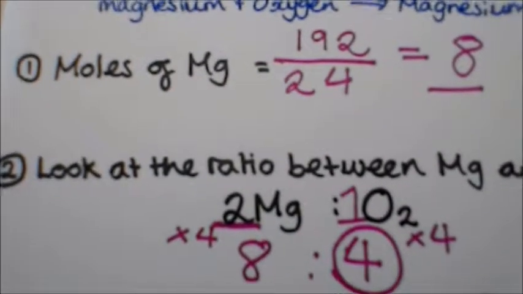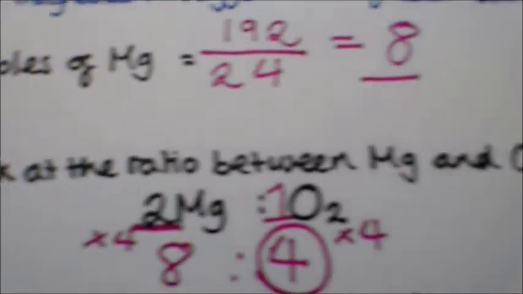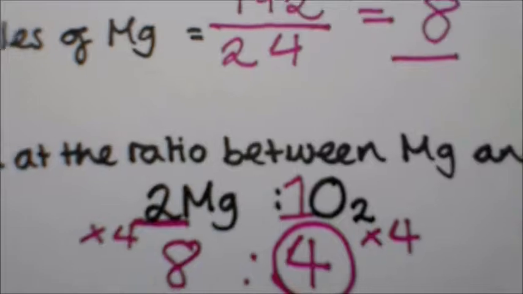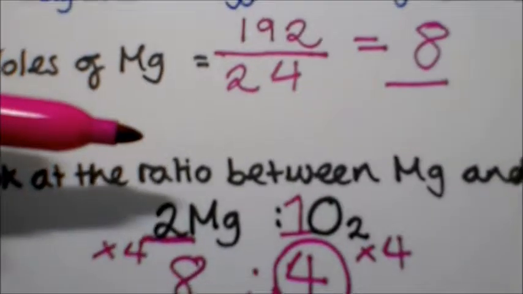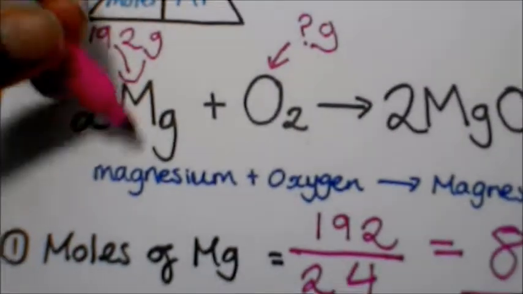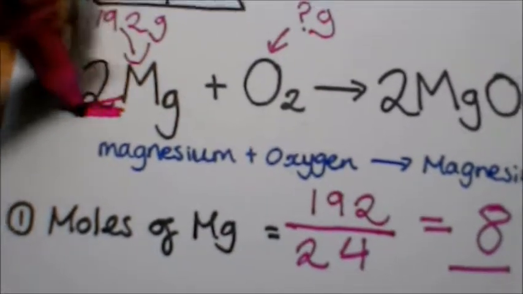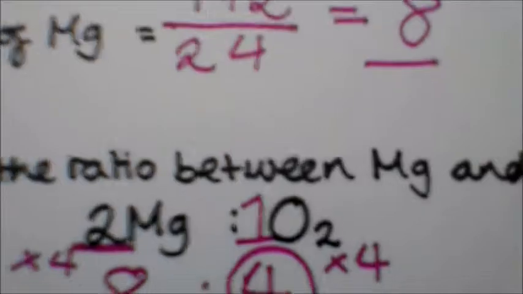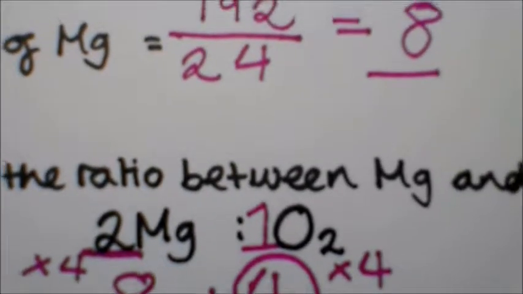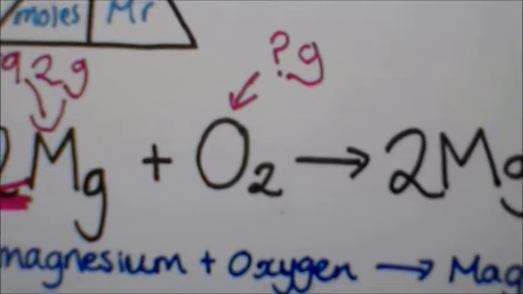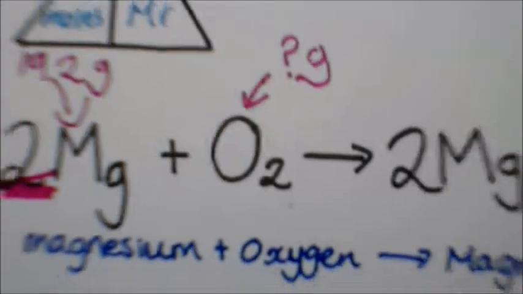Then, number 2, you look at the ratio between magnesium and oxygen. We have 2 moles of magnesium, because there's 2 here. And we have 1 mole of oxygen, as you can see here, because there's no big number in front of oxygen.